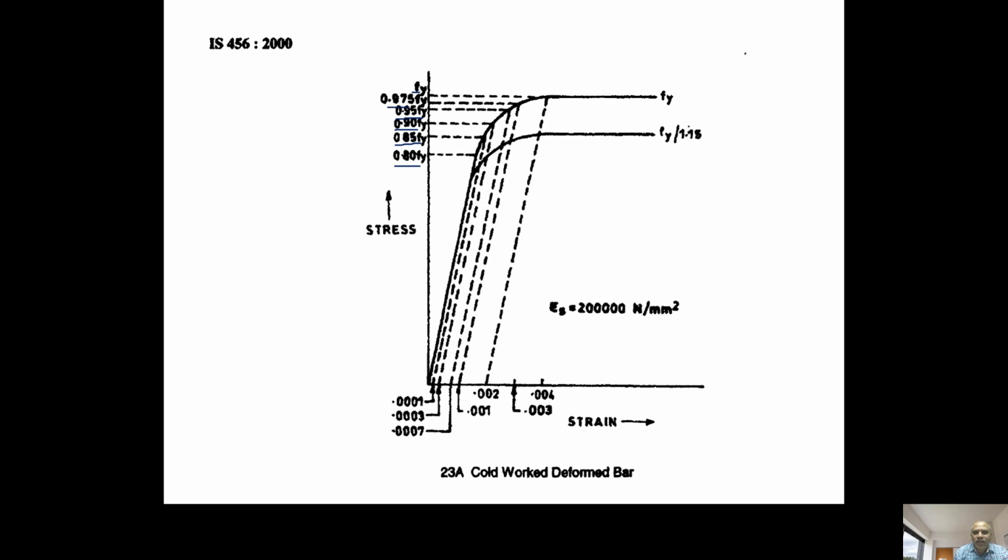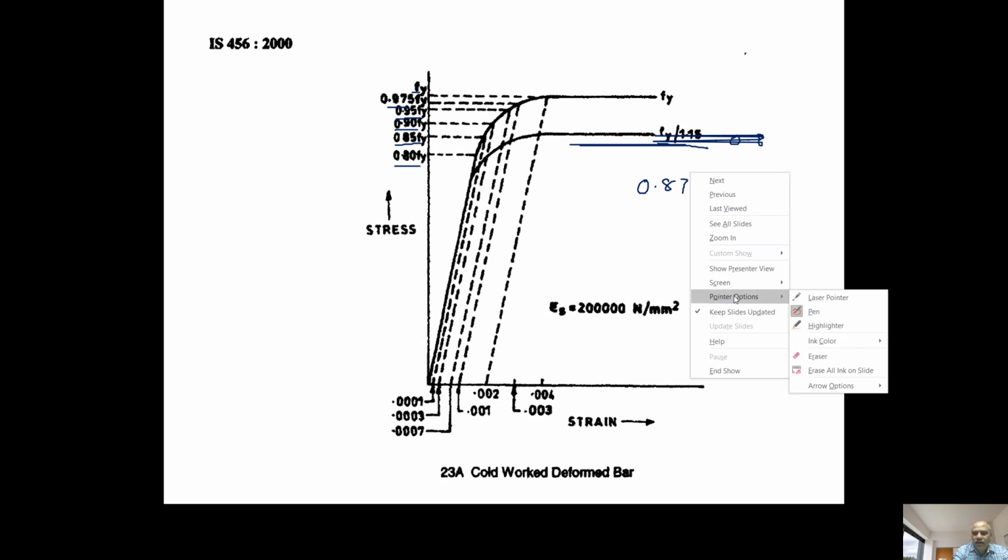This fy, if you see, is fy upon 1.15, so we are going to use this diagram where we will get 0.87 fy, which is fy upon 1.15. By using this diagram we are going to calculate the values of stress and strain.